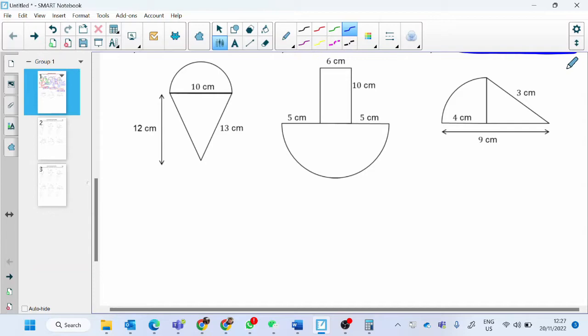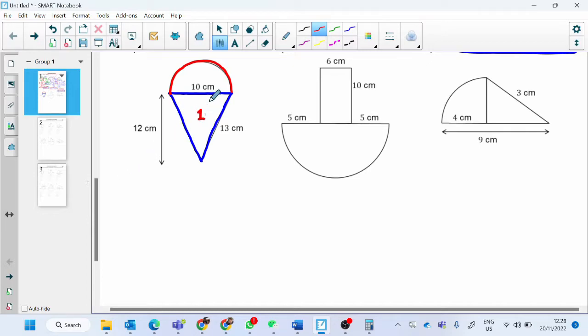So here in this question, if you see, we have got two shapes: a triangle here, and we have got another one, which is a semicircle. So one is a triangle and the other is a semicircle.